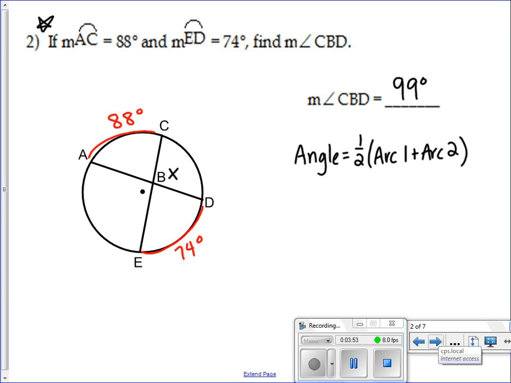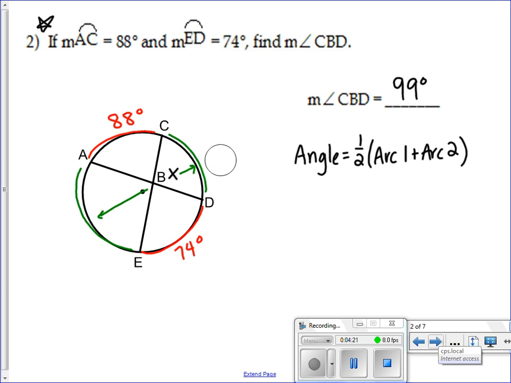But you'll notice that the angle I gave you doesn't correspond with these arcs, because the arcs that you're supposed to use with the angle is the arc that the angle opens up to. So technically, I would need to know arc CD, and then since I have a vertical angle on the other side, I would also need to know arc AE. Well, I don't know any of those arcs, so that's not going to help me.